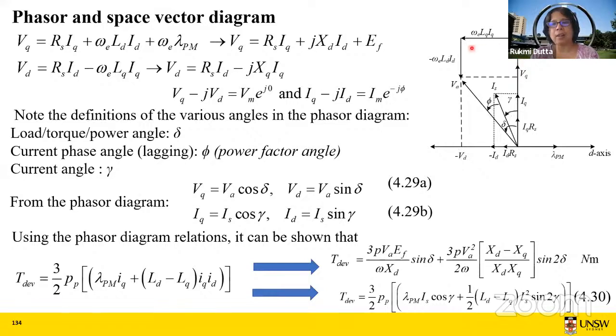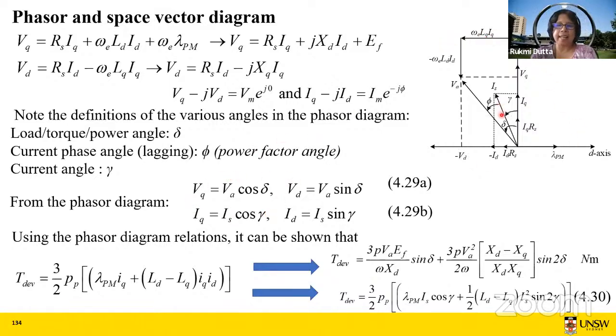So XD ID should be along the q-axis when we have a J. That's XD ID here, but remember our ID current is negative, so it is facing opposite to your EMF in the phasor diagram. And XQ IQ should be along the d-axis when we have the J, the imaginary reactance. So it is 90 degrees to the q-axis, or along the d-axis.